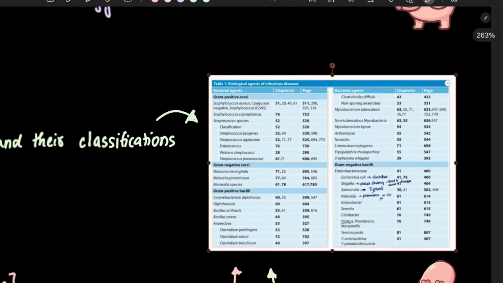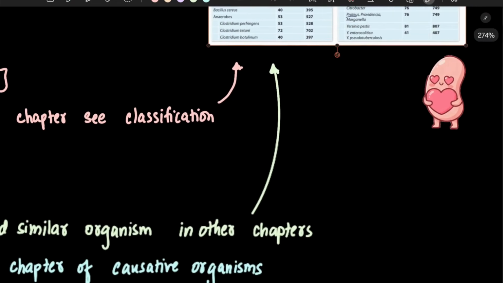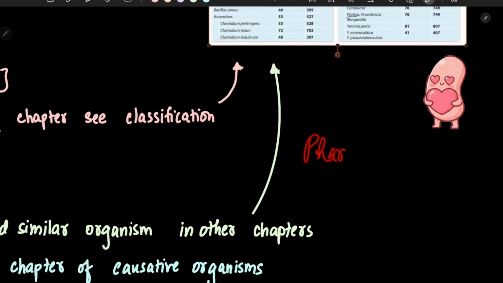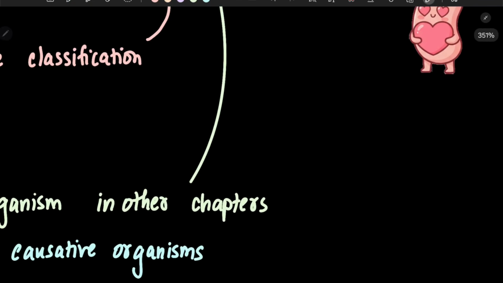And why I keep stressing on this is because once you get into pharmacology as well, at the end there's this chapter called antimicrobials. In that you learn about different types of antimicrobial agents. There you'll study that these antimicrobials, let's say penicillins, are effective more against gram positive organisms.